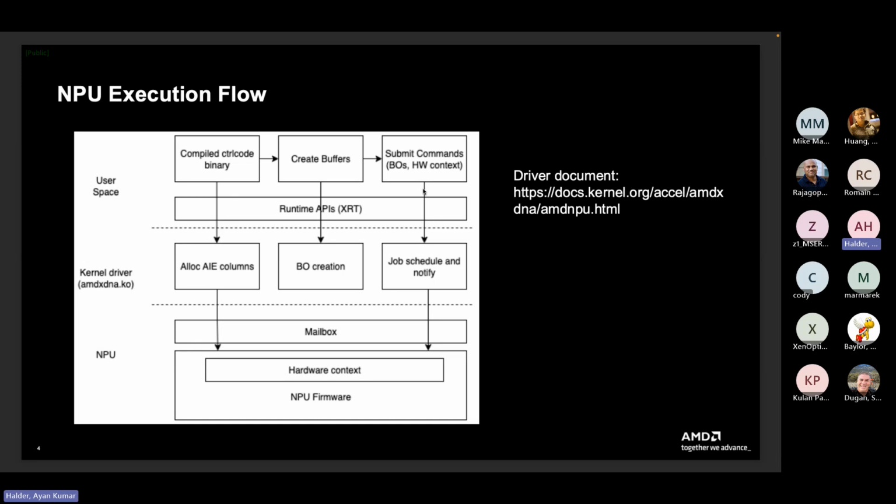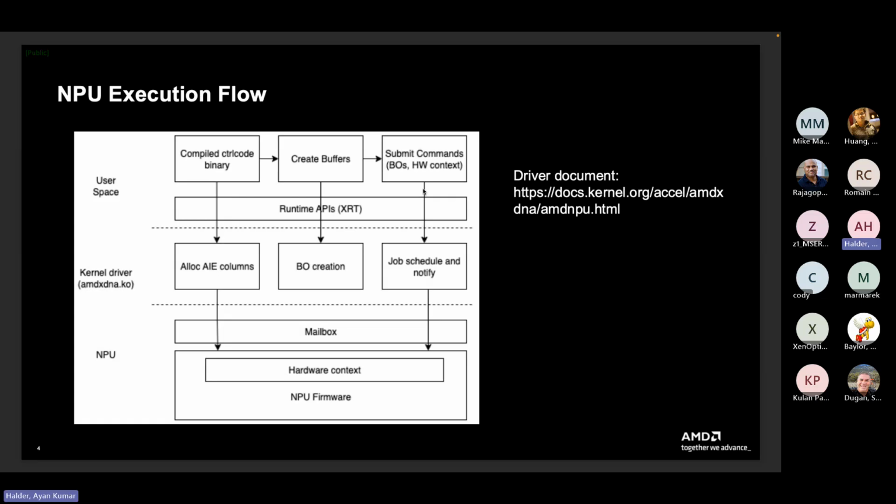Then the second step, when you create a buffer, it actually reaches the Linux kernel DRM subsystem, which will create a buffer object. And you can put the control code, also the data, into this buffer so the device can access it. Then the last step is just to submit these buffers to the hardware context, then the hardware is going to start to process the data.